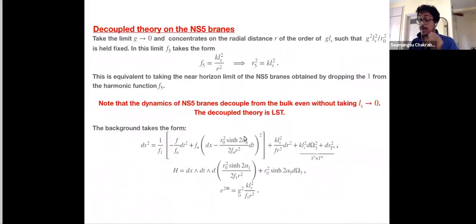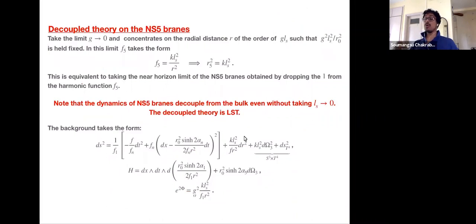Now what I do is that I want to go to the decoupling limit of the NS5 branes. So as in any holographic examples, I take g_s goes to 0, and also I go to distance scales of order g_s times l_s such that this quantity is kept fixed.